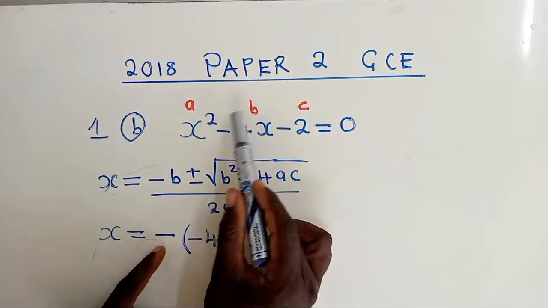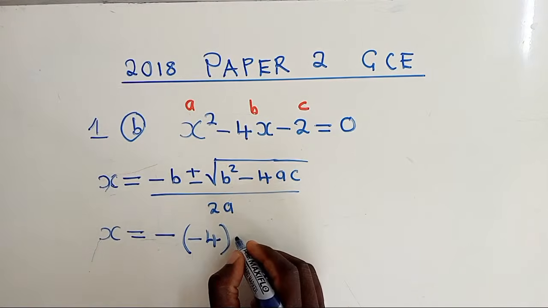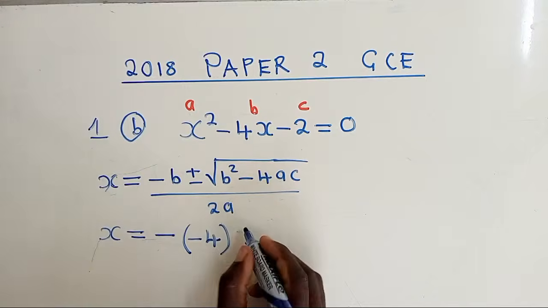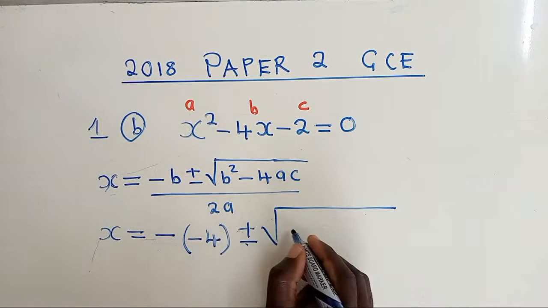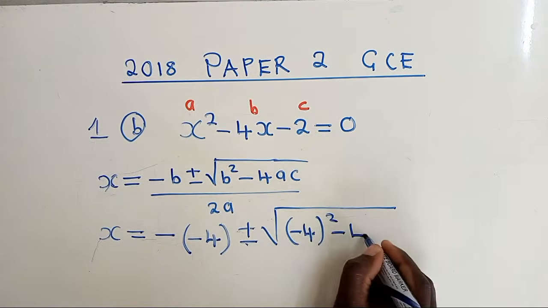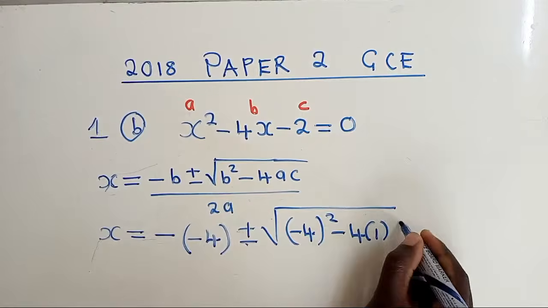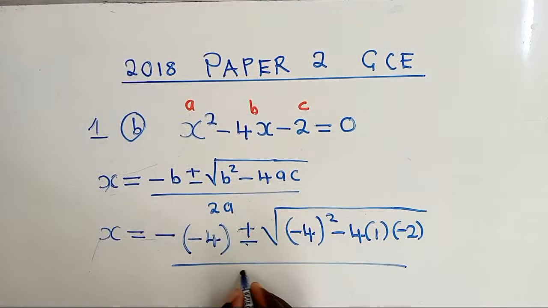So if the B has got a negative, remember to put it inside the brackets. Then you have plus or minus root, negative 4 squared minus 4, A is 1, C is negative 2, over 2, A is 1, like that.